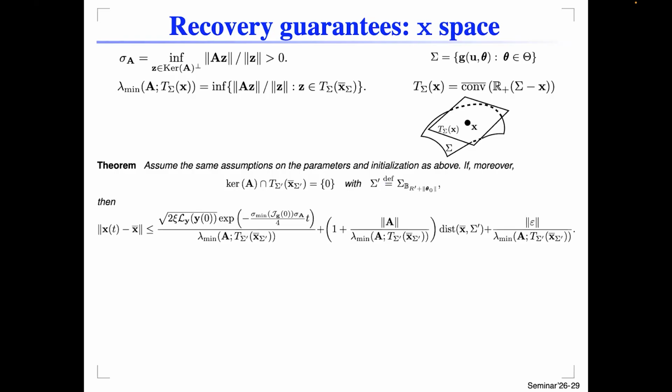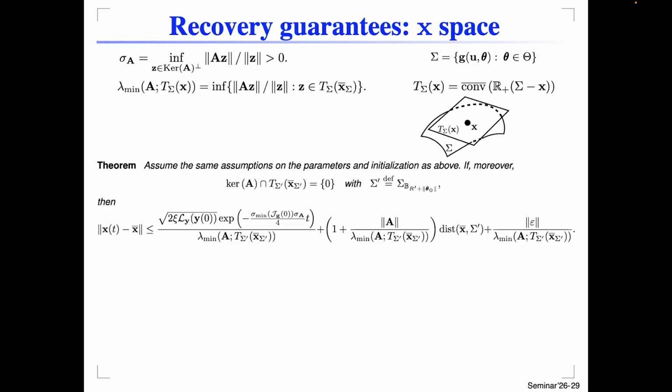If this is true, then you have this inequality, which comes from the preceding one, except that I'm inverting everything. It's really a two-line inequality. Remember, what I want is to go from YT minus Y bar, where YT is A XT and Y bar is A X bar.